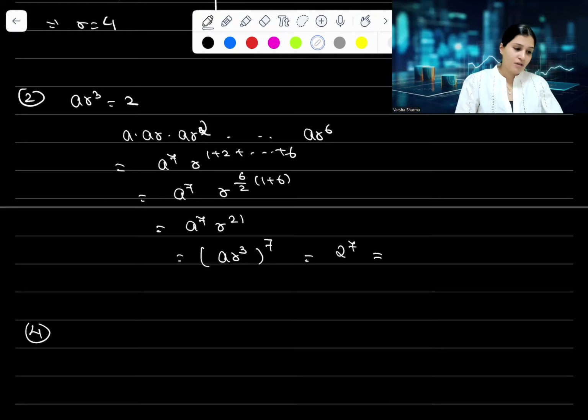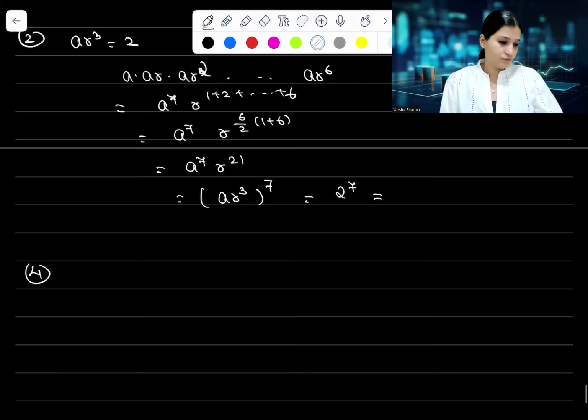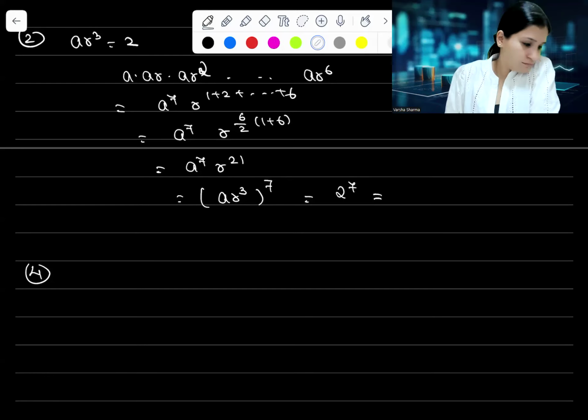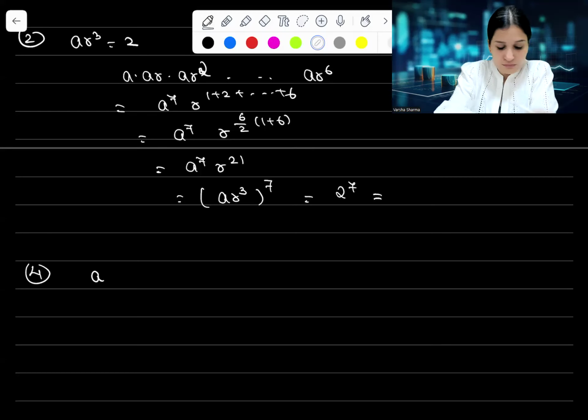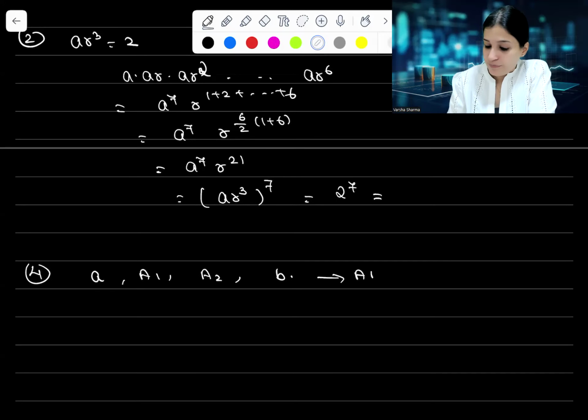Question number 4. Between a and b, we have A1, A2. This is an AP. a is the first term, b is the fourth term, so it is a plus 3d.